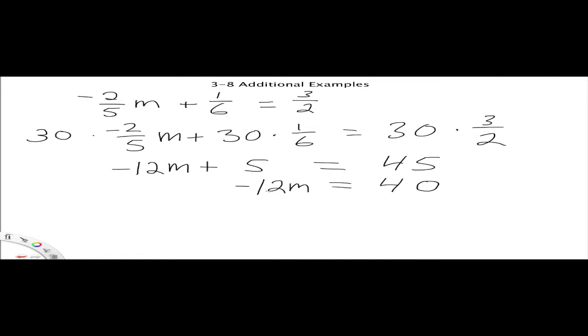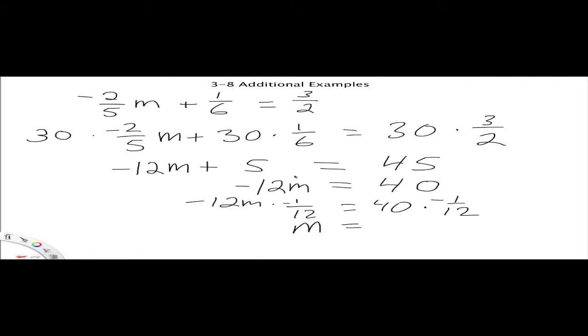We will now have to deal with this fraction. So a negative 12m times 1 over 12, that's a negative, equals 40 times 1 over 12, and we get negative. Don't forget those. Okay, and then m is going to be equal to 40 times the negative 1/12.